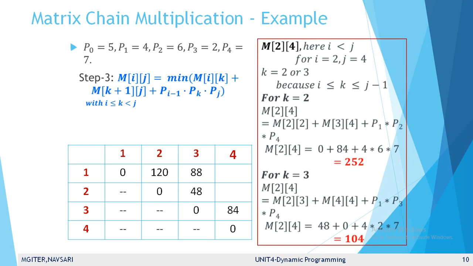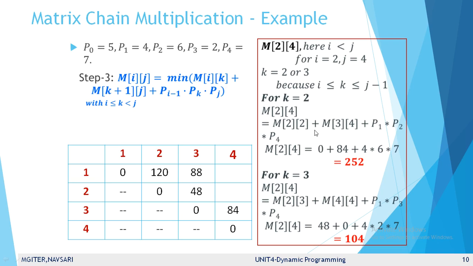Now for M of 2 4, here also i is less than j. So i is equal to 2, j is equal to 4. Now the value of k is equal to 2 or 3. First of all we find M of 2 4 for k equal to 2. So M of i is equal to 2 and k is equal to 2.